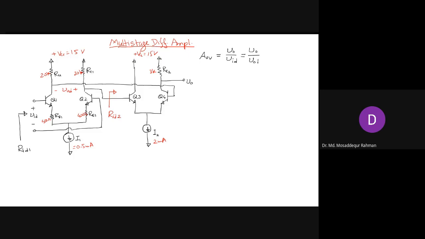The gain for the output is V0 by VOD, and then VOD by VID, that is the gain for the first stage. Now for the second stage, we are taking the output from a single node, so the gain will be just half gm2 RC2, where gm2 is for the second stage.